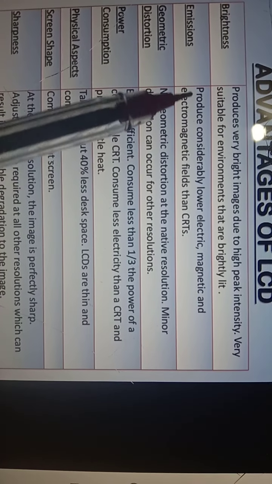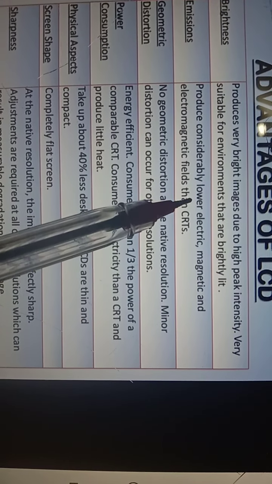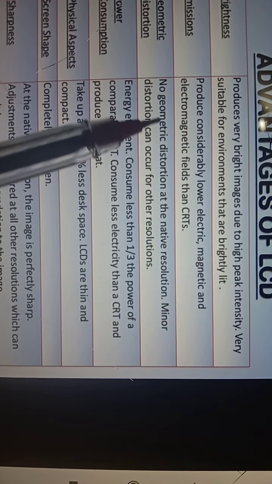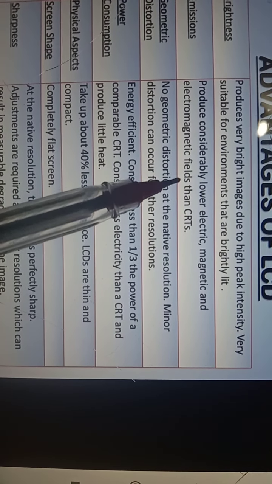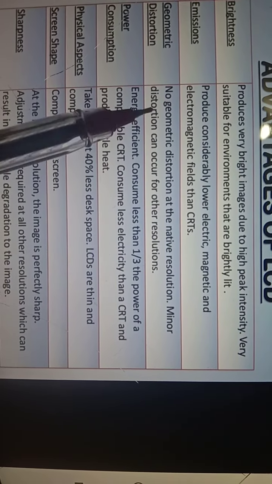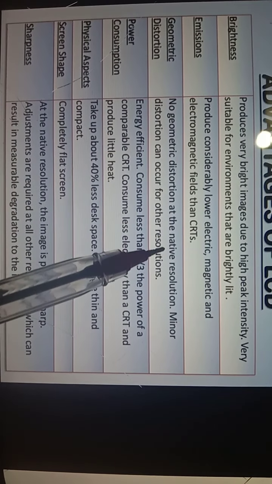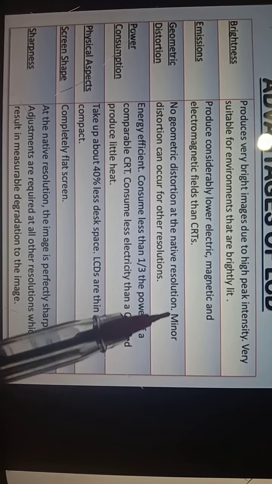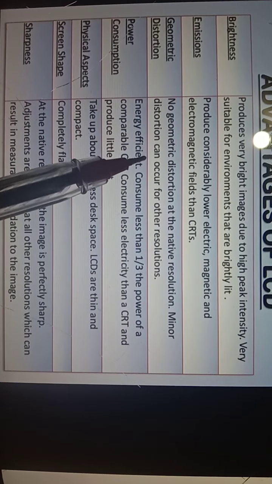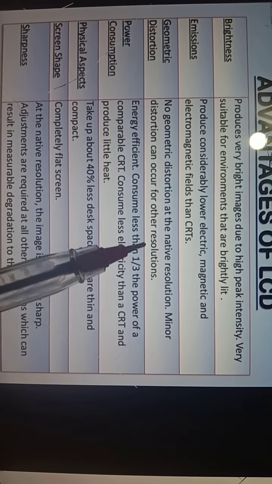Coming to emissions, it produces considerably lower electromagnetic fields than CRTs, that means cathode ray tubes. Geometric distortion: no geometric distortion at native resolution. Minor distortion can occur for other resolutions.